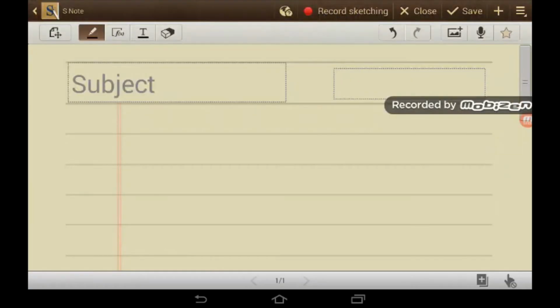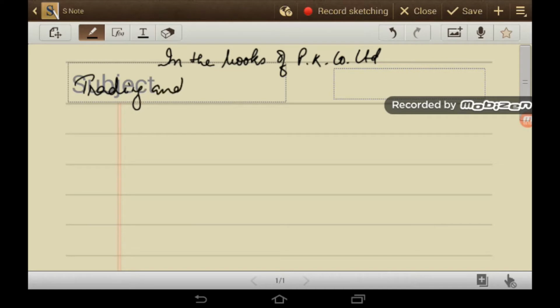We are preparing, in the books of PK Company Limited, the trading and profit and loss account for the year ended.